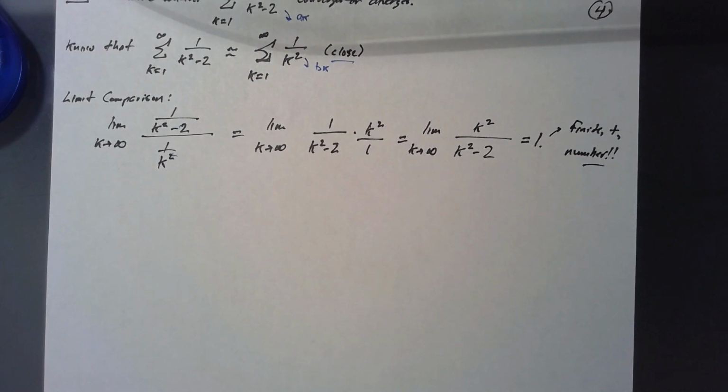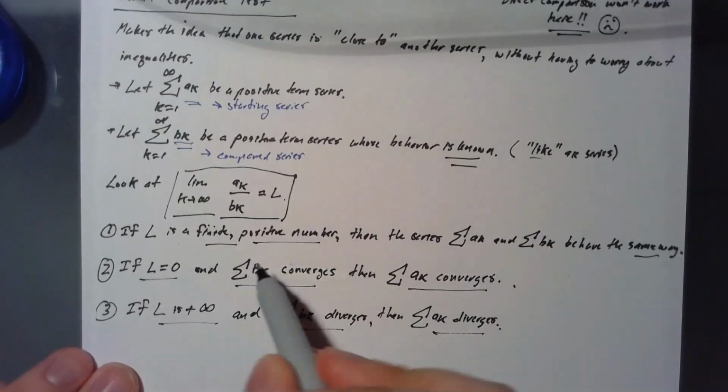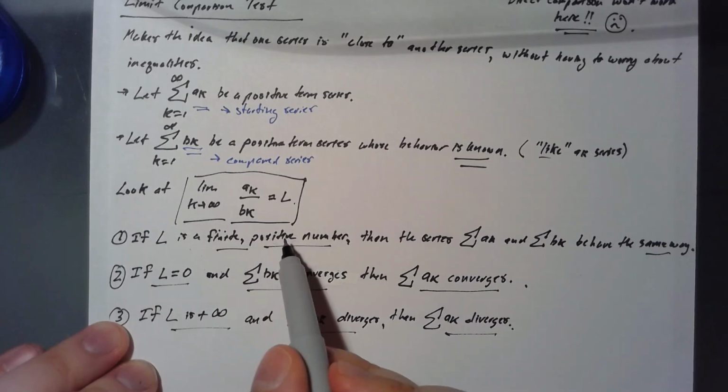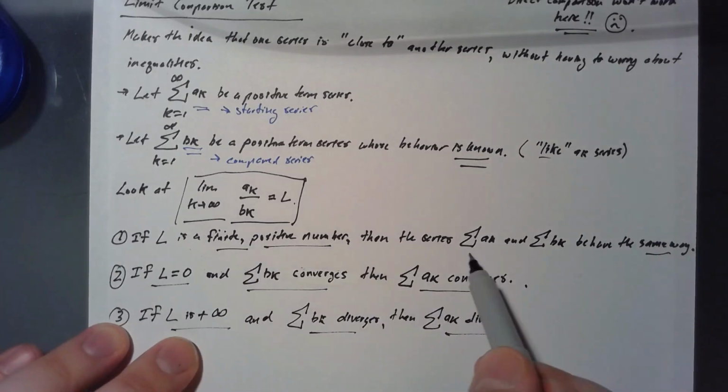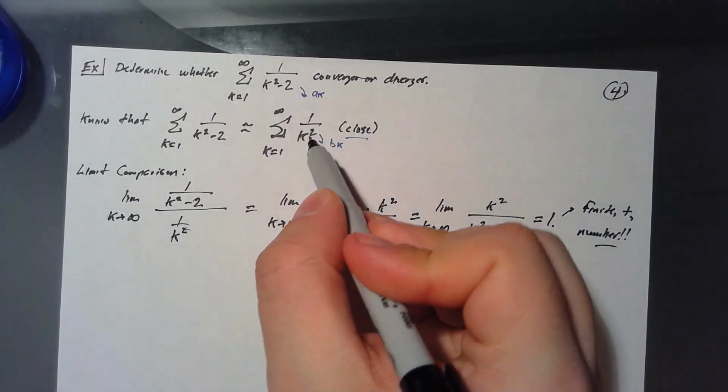So what do we know about the limit comparison test? And this is case 1. If I have a limit that's a finite positive number, then the series behave the same way. Well, how does this series behave? We already know.